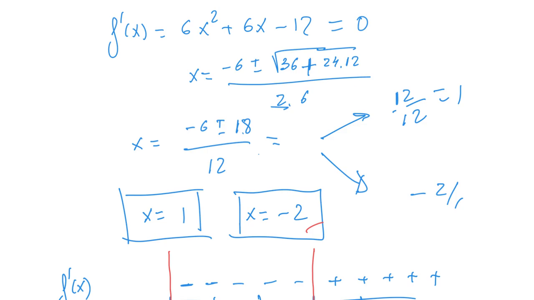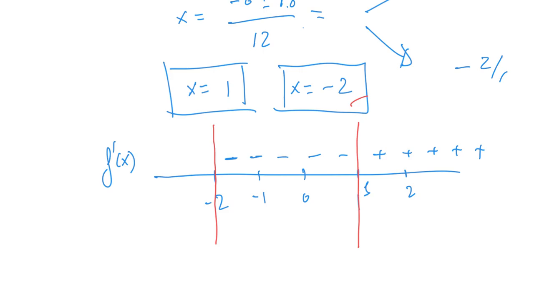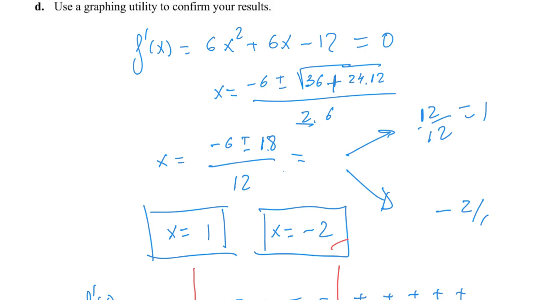Sorry, if I plug in minus 3 here, minus 3 squared will be 9. 9 multiplied by 6, 54, plus something positive.